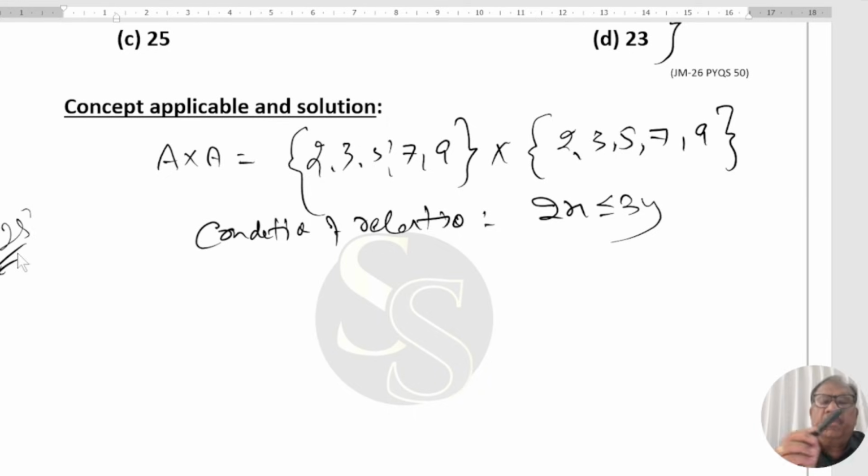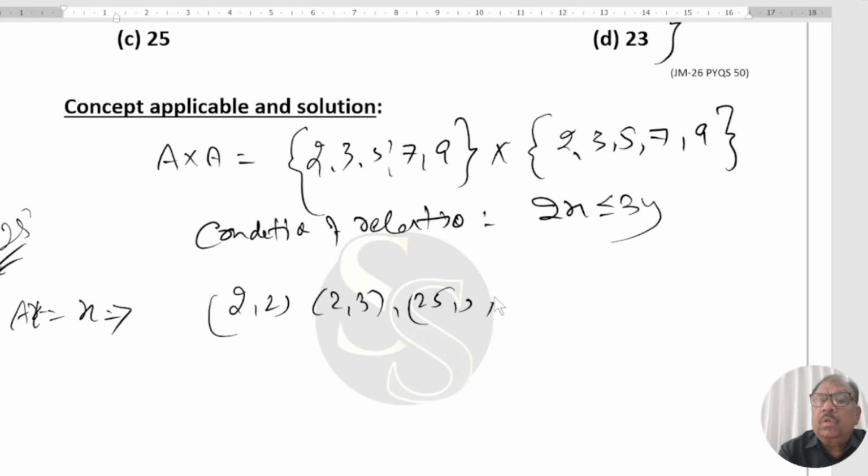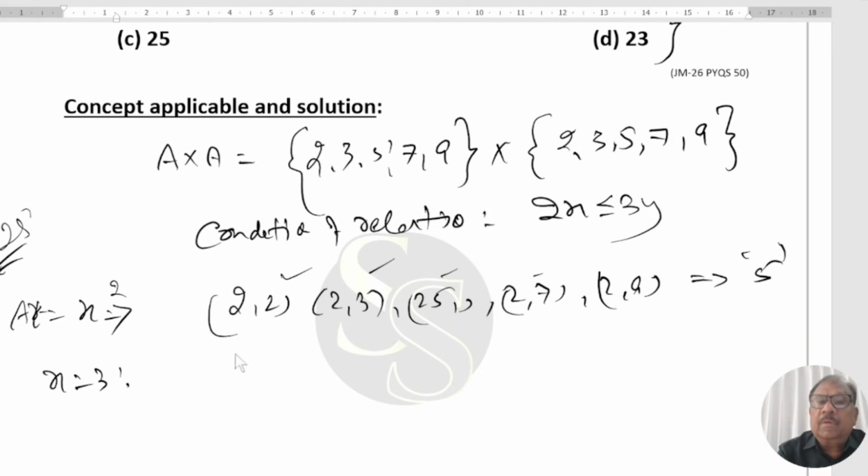Out of 25, we have to pick the elements which satisfy this condition. So at x equal to 2, we make the ordered pairs (2,2), (2,3), (2,5), (2,7), (2,9). Check which satisfy the condition and tick them. (2,2): 4 and 6, correct. This is definitely correct, the greater ones will be too. So 5 came in at x equal to 2. Now check at x equal to 3.